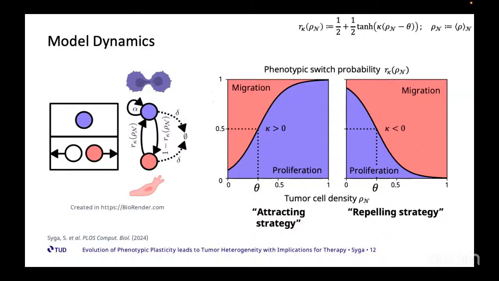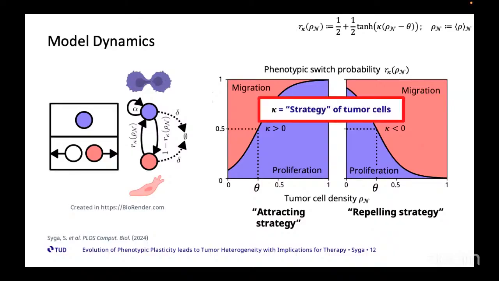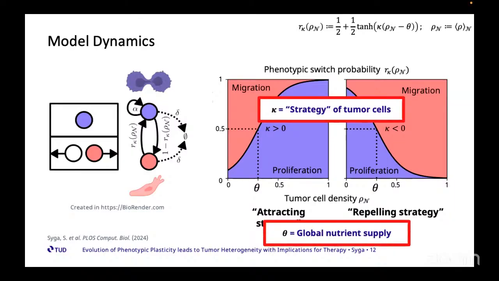If nutrient supply is very low, then you already feel it at low tumor cell density. So the most important thing to take home is you have this kappa parameter, which is the strategy of the tumor cells, and you have theta, which is the global nutrient supply.